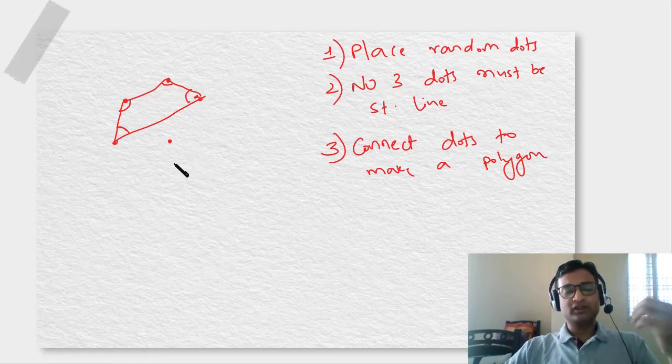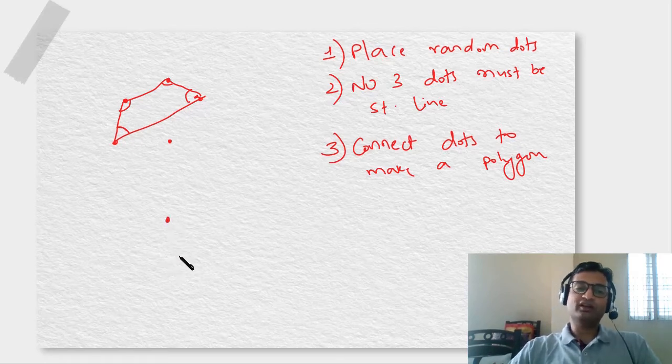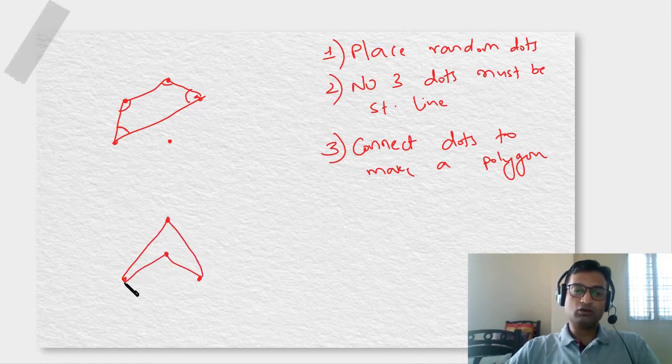But you can question me that I can create a four-sided polygon with 4 dots as well. Well, I'll give you an example, like this one. If I connect the dots over here, what I get is not a convex four-sided polygon or a convex quadrilateral. It's a concave quadrilateral. Why? Because one of its angles is more than 180 degrees.